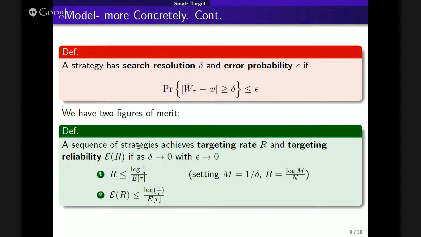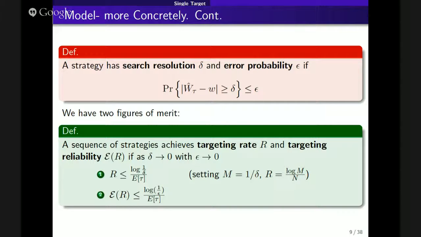So we say that a sequence of strategies achieves targeting rate R and targeting reliability epsilon of R if these inequalities hold. I wrote them for adaptive search, but if you just take M to be 1 over delta and tau to be just a constant, we get that the rate is just the usual notation we have for rate in channel coding. Maybe it's unclear now, but it will hopefully get clear in a few slides what rate means here.